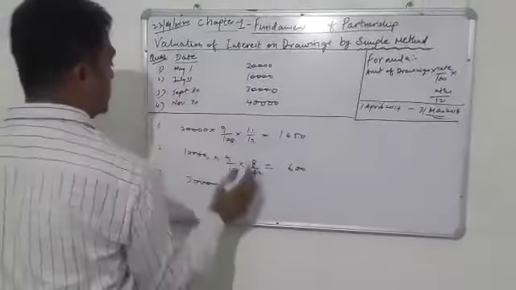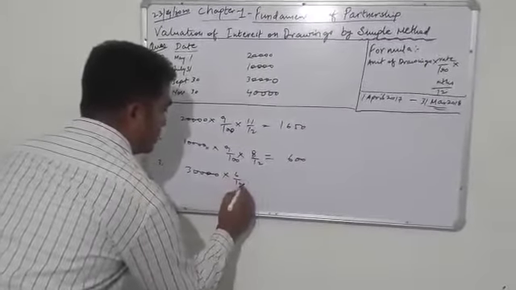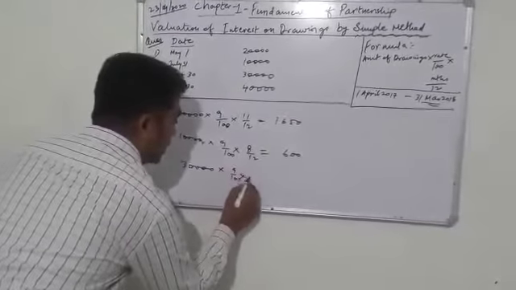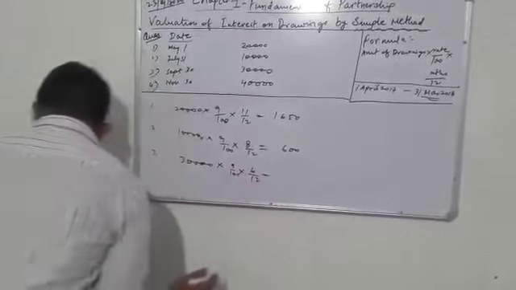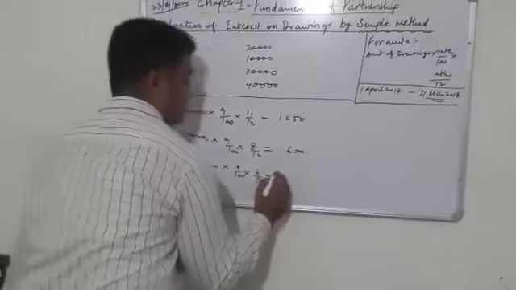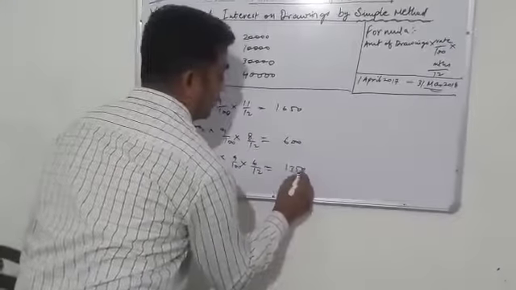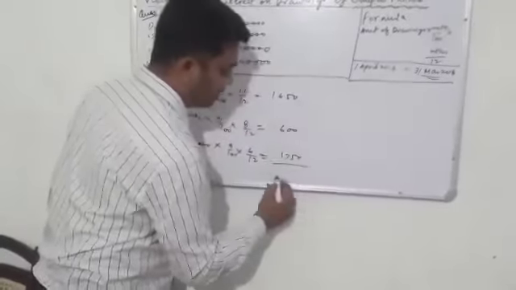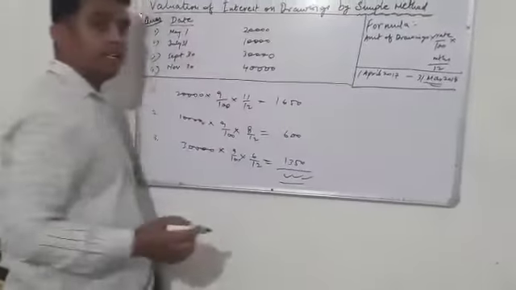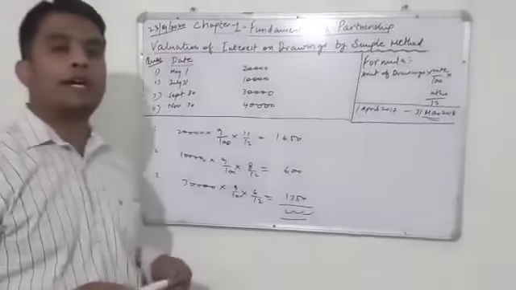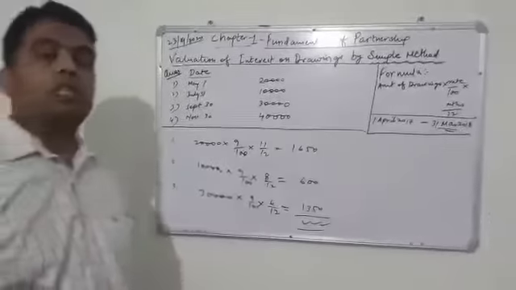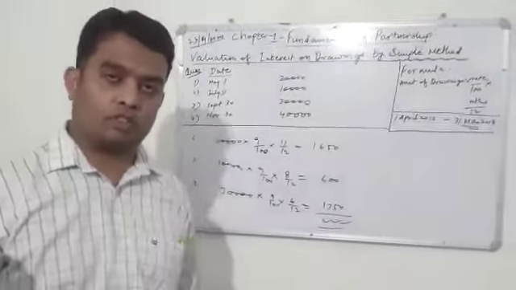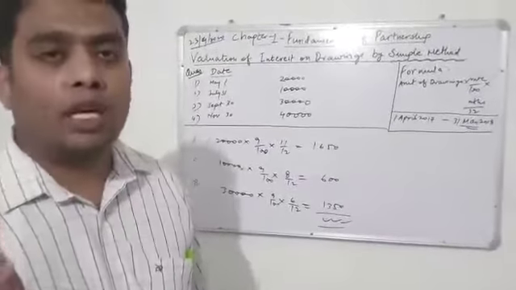September 30th comes to 6 months, and the rate of interest is 9, so the value will be 1,350. Then we do the same with November and total up the amounts, and this will be your interest on drawings. So this method is quite long, so I am again repeating, it is better to use the product method when evaluating interest on drawings when dates are different and amounts are different.